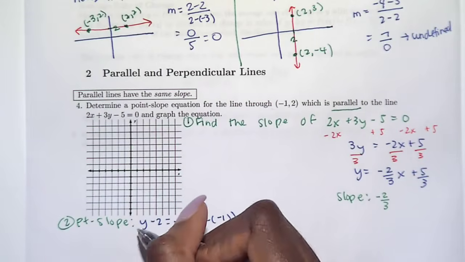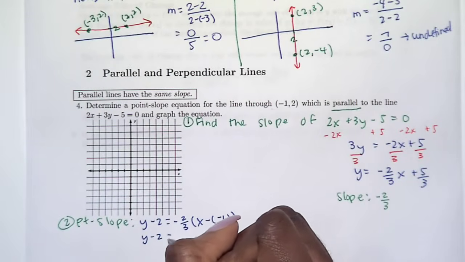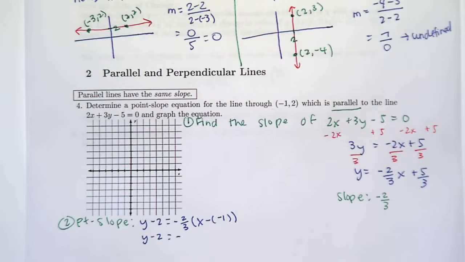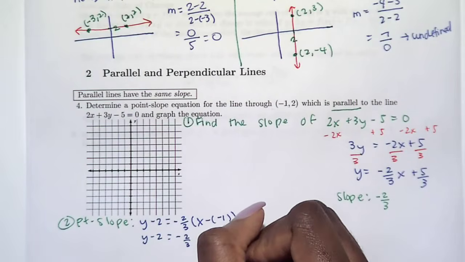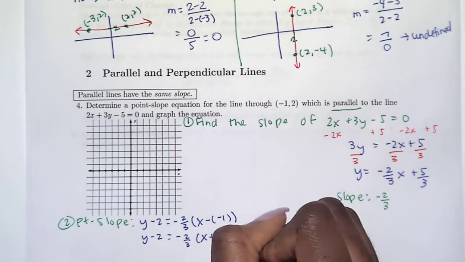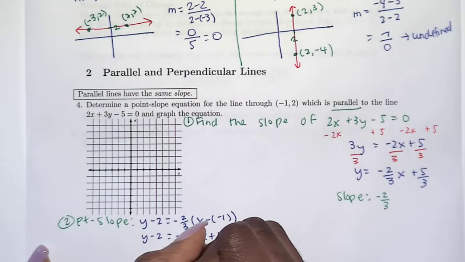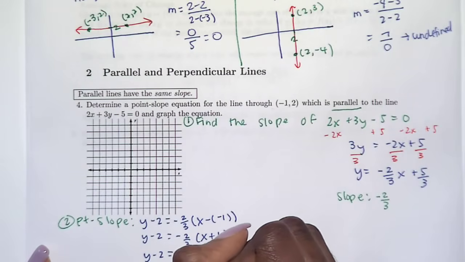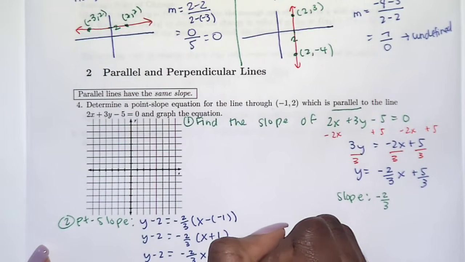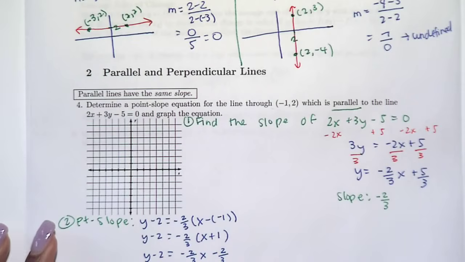Okay, double negative, I'm going to make that positive. And then solve for y. So I'm going to distribute here, and then I'm going to add the 2 to the other side. I'll do it in 2 steps. So let me distribute first. And then add the 2 to both sides.